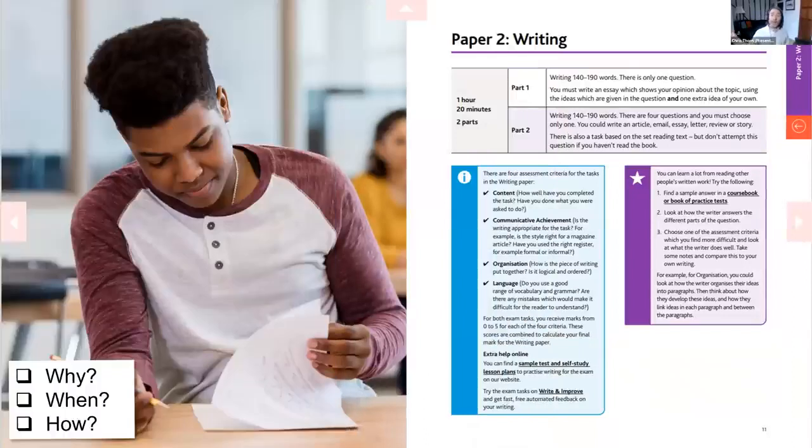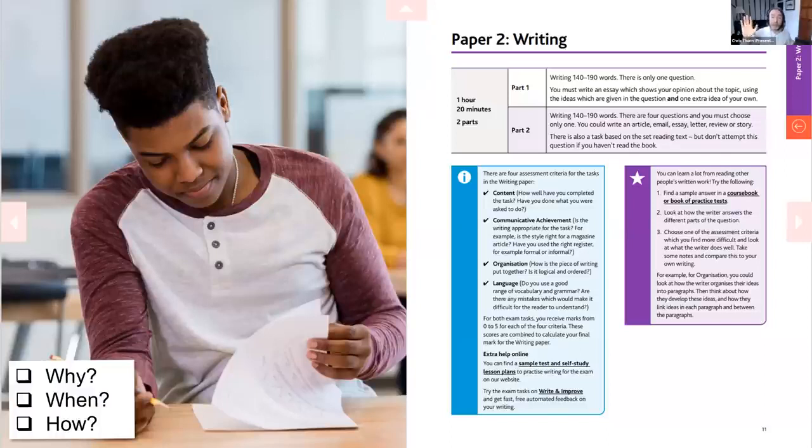Now this is the B2 First for Schools booklets on paper 2. So it's a different exam and a different paper, but it looks very, very similar, doesn't it, to the last one? It still provides an overview of a paper. It still shows the number of parts. It explains what candidates need to do. It says how much time they have.